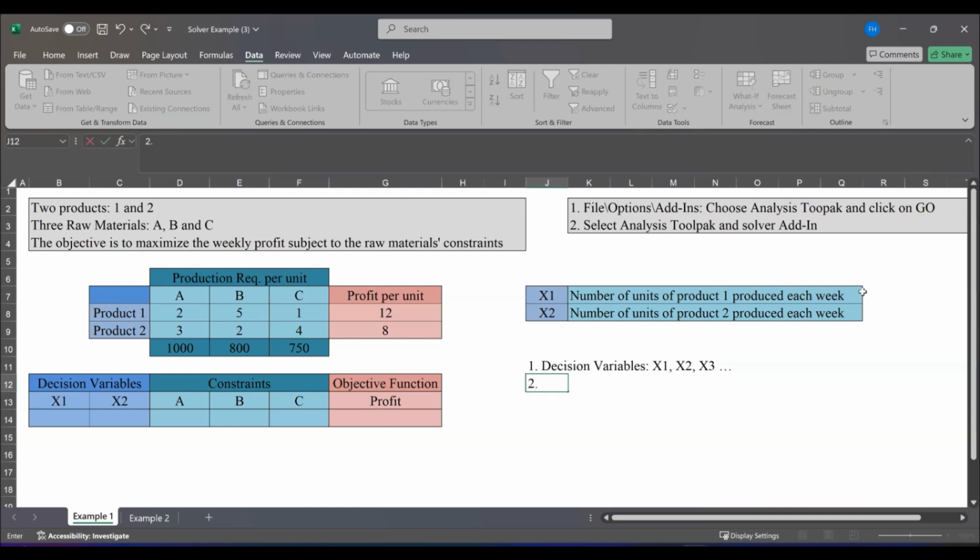The second thing I need to have is the objective function. The objective function can be to maximize, let's say, profit or return, or to minimize cost or risk. And in any case, those functions are gonna be expressed in terms of the decision variables.